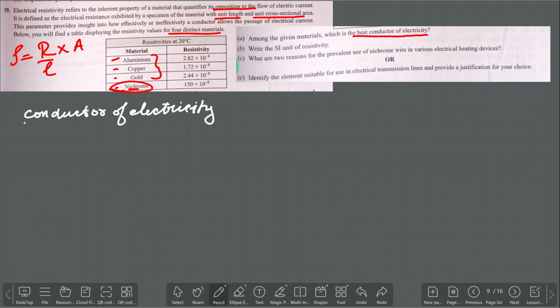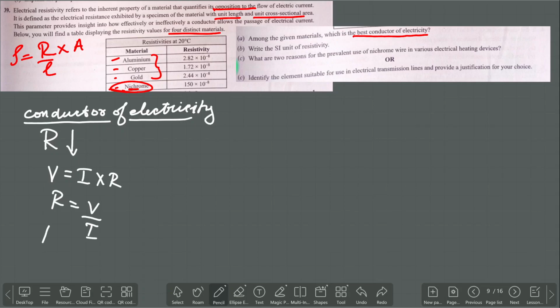So, the material which will act as a better conductor of electricity is the material which has less resistance. The reason is V is equal to I into R, which means R is equal to V by I. That means if resistance is low, the flow of current will be more.